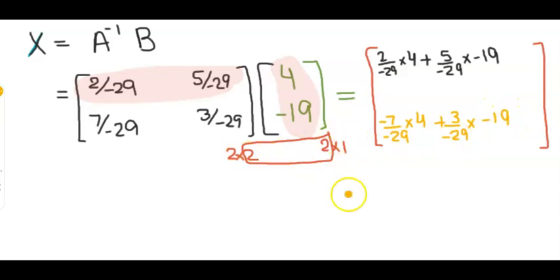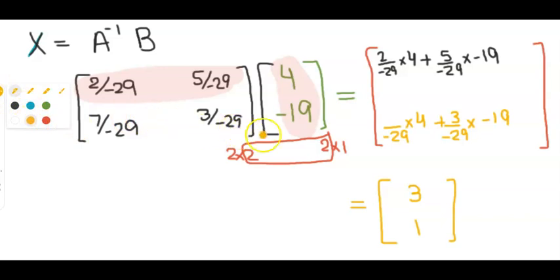I put these in my calculator and I will have two values. Okay, this is not minus 7, it's 7, because that's 7 over minus 29. So when you put that in, you get this value.